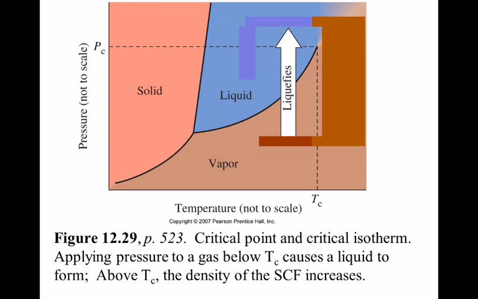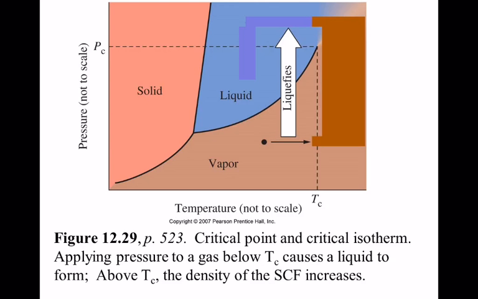So notice that if you increase the pressure, which is what the arrow is showing, from a vapor to a liquid, you start out with a vapor down here at this given pressure and temperature. You hold the temperature, and if you pressurize it, it's going to liquefy, okay?